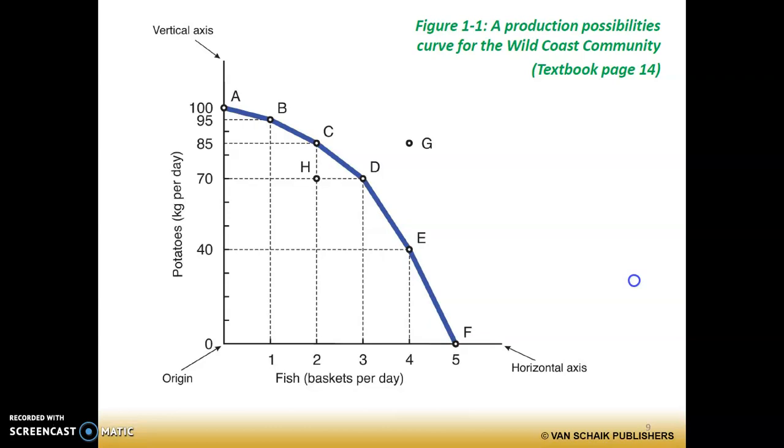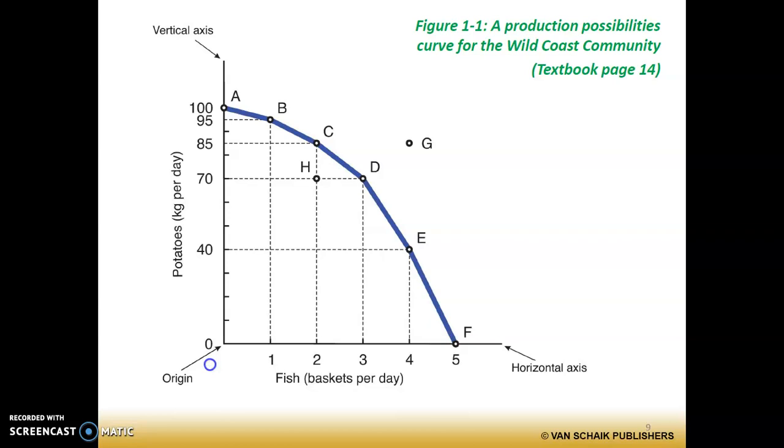The combinations in the table are represented by points A, B, C, D, E, and F in the diagram. The points are joined to form a curve, and as we move along the production possibility curve from point A to point F, the production of fish increases and the production of potatoes decreases.